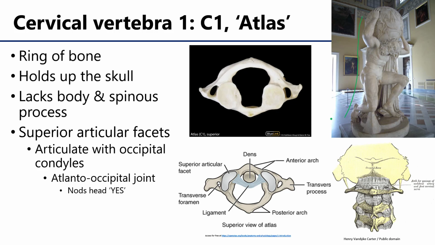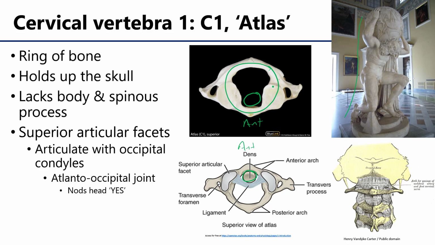It's very unique among the vertebrae in that it appears to be just a ring of bone. There is no body whatsoever. This is the anterior part of this vertebrae, and anterior of the illustration is there. What happens to that body is that it delaminates during early development, and it sticks to C2 as the dens, or the odontoid process, which we'll discuss shortly.